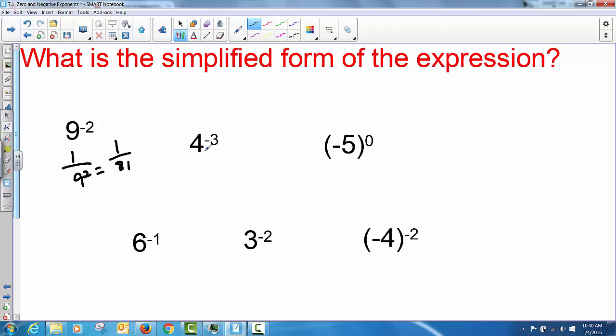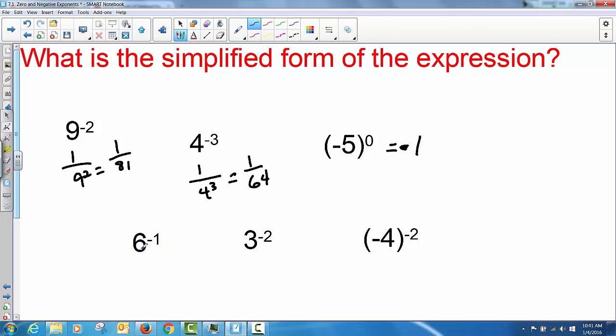All right, so we've got 4 to the negative 3. That means we're going to do 1 over 4 to the 3rd, which will be 1 over 64. Negative 5 to the 0 power. The 0 exponent applies to these parentheses, so that would be 1.